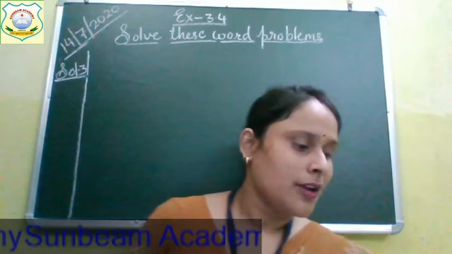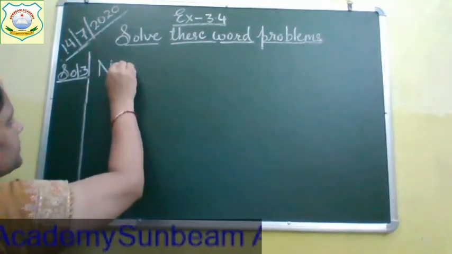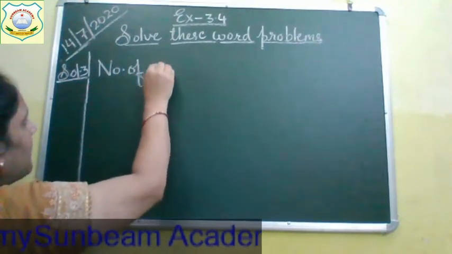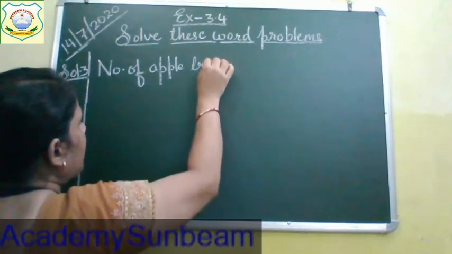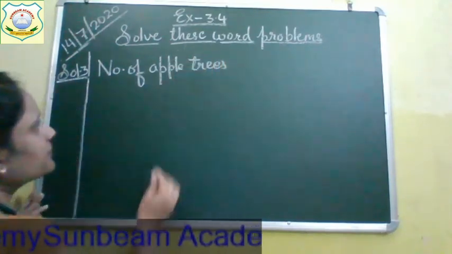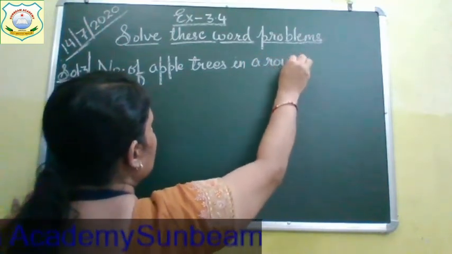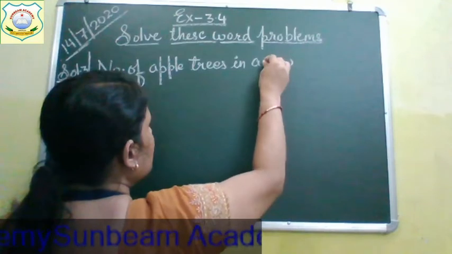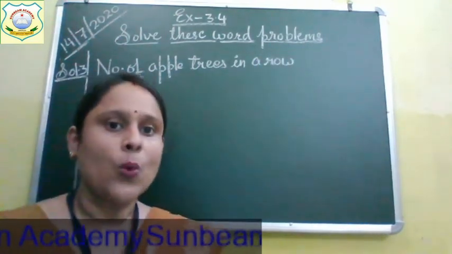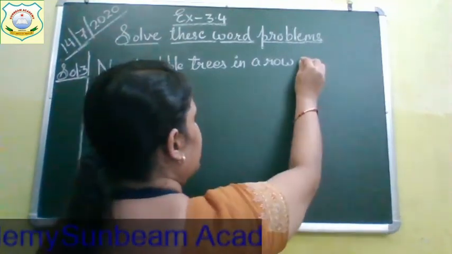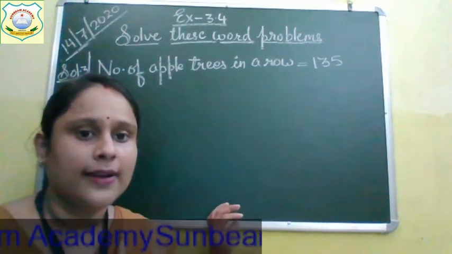First, you will write in the solution: number of apple trees in a row. In a row, how many apple trees were there? 135. Okay, 135 apple trees were there in one row.